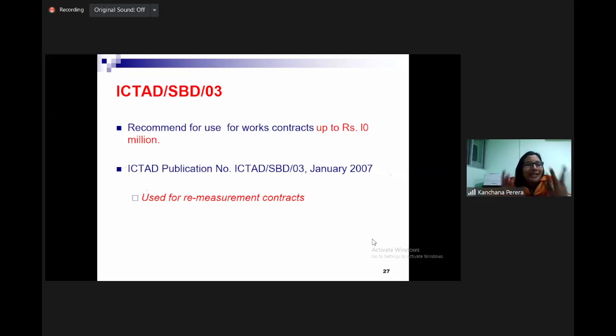Drawings, BOQ, everything will be part of the tender document, issued to prospective bidders, prospective contractors. Then the bidders will fill the bid document and submit it. The consultant team will evaluate and select the suitable cheapest, not only cheapest, suitable cheapest bidder as the contractor.